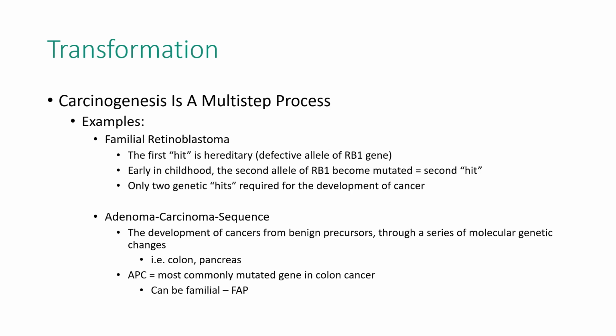Adenocarcinoma sequence. We see this in colon and pancreatic cancers. It begins with a benign lesion, progresses through multiple genetic alterations, and then ends as invasive carcinoma. The key gene here is APC. It's often the first mutation in colon cancer. Familial loss is FAP, or familial adenomatous polyposis.